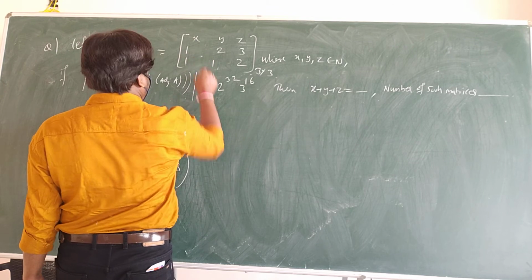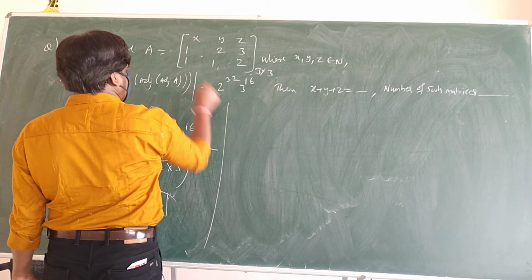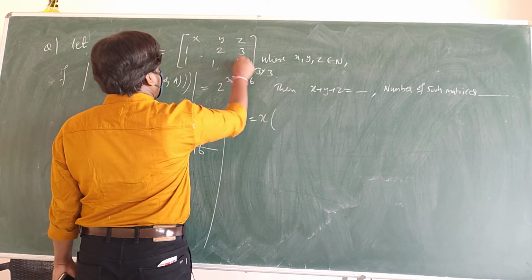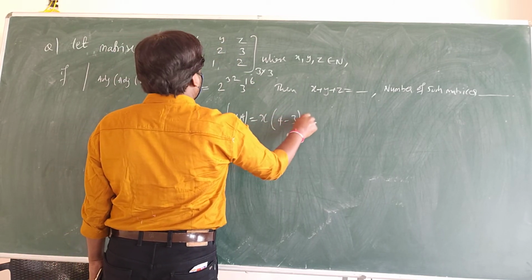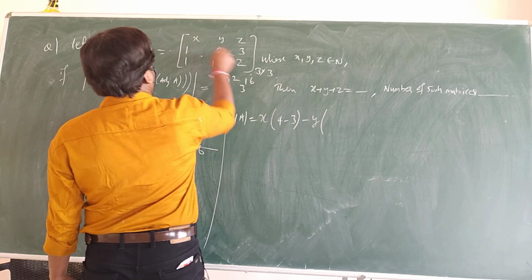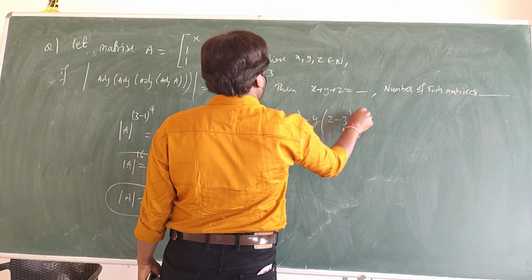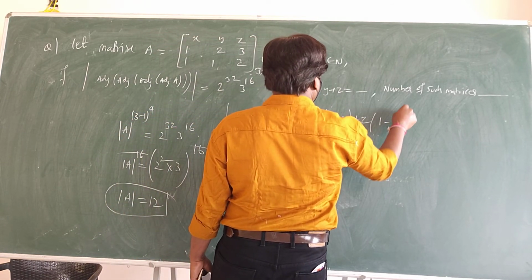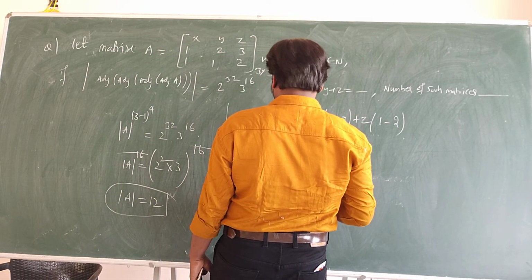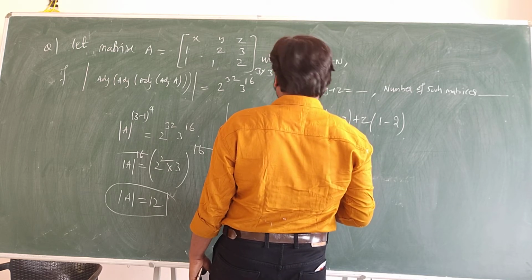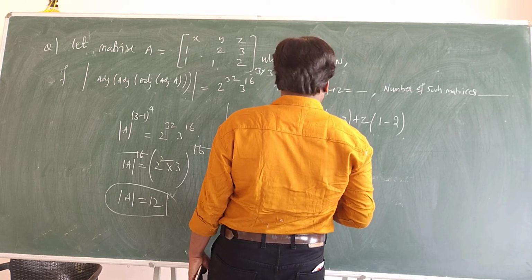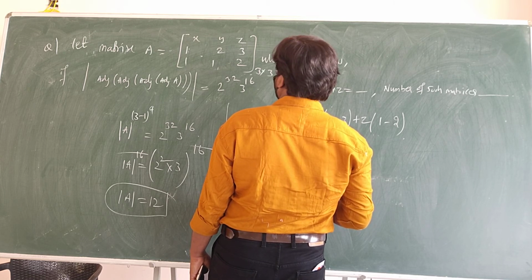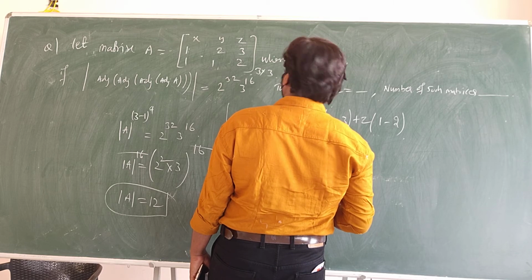Determinant of this matrix, find out directly. Determinant of this is equal to x into (2 twos are 4 minus 3), minus y into (1 two is 2 minus 3), plus z into (1 one is 1 minus 2). Correct? Am I right? Y into 1 two is 2 minus 3, z into 1 minus 2.